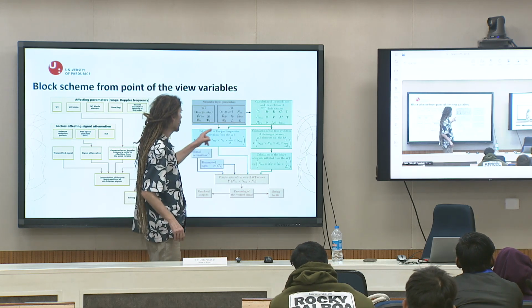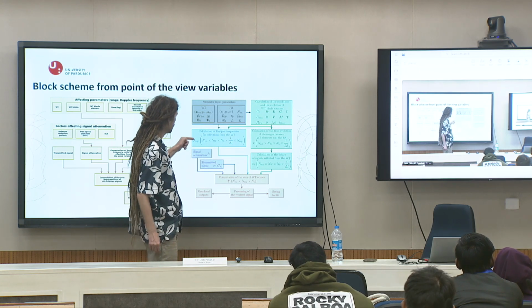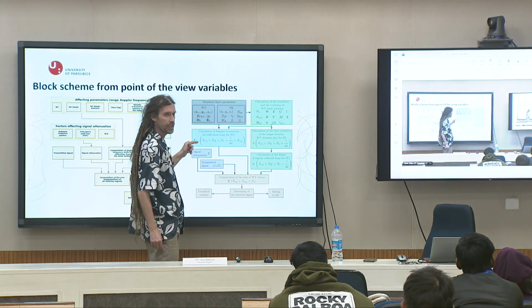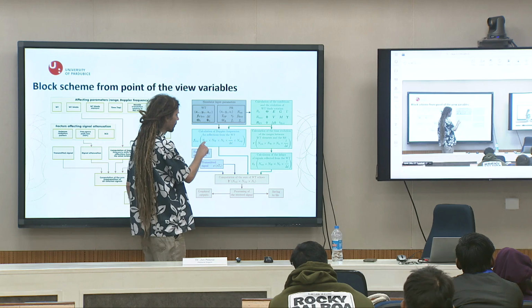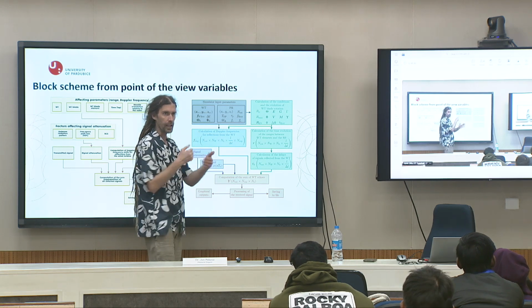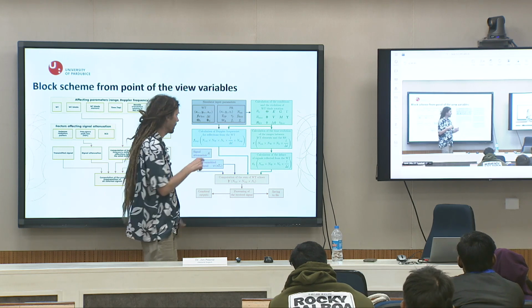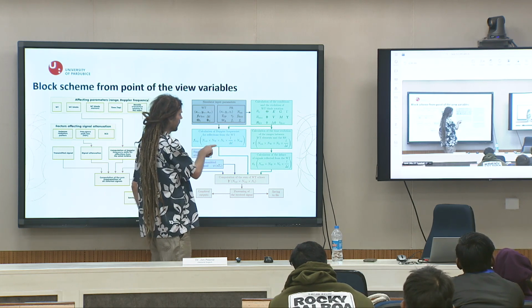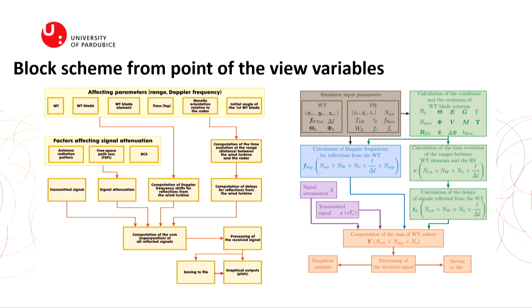There is calculation of Doppler frequencies, so you can see the Doppler frequency depends on the rotation number in each rotation. I have the number of wind turbines, number of blades.